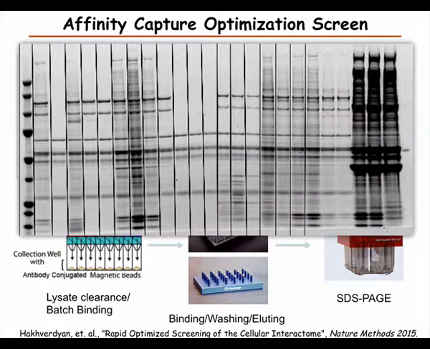So the results look like this for one complex. By varying the conditions, we can go from conditions where we only see a few proteins associated with our bait, to cases where we see slightly more proteins, like these two here, and then two cases where there is mainly background and it's not a good condition at all.